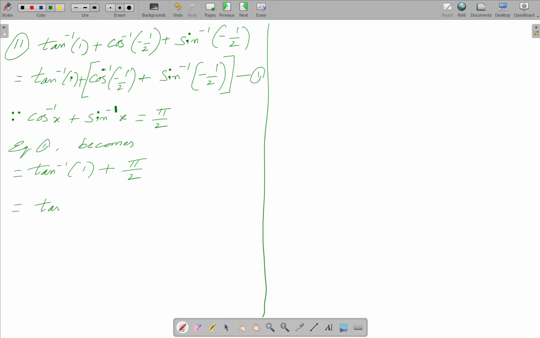Tan inverse 1 we can write as tan inverse tan pi by 4, plus pi by 2. That is equal to pi by 4 plus pi by 2, that is 3 pi by 4.